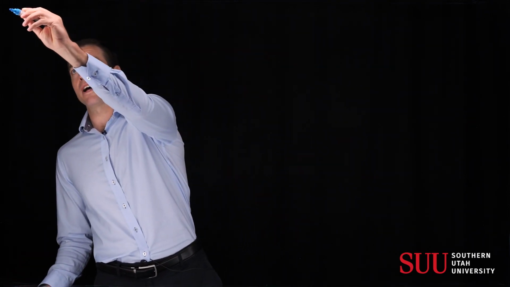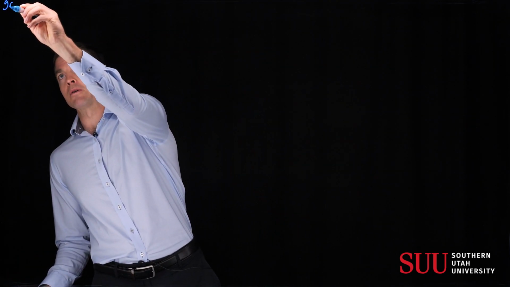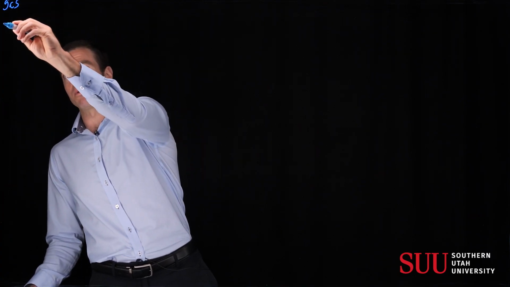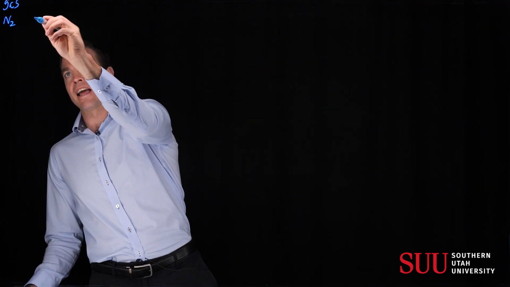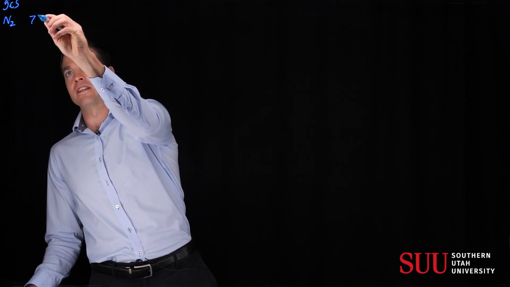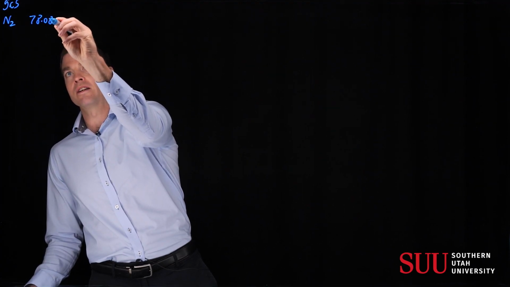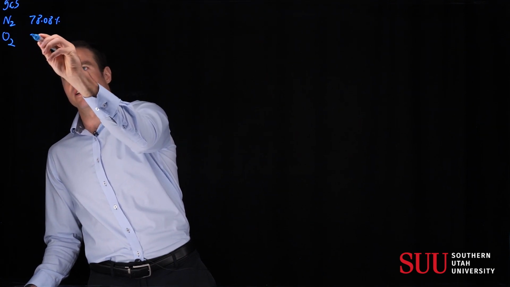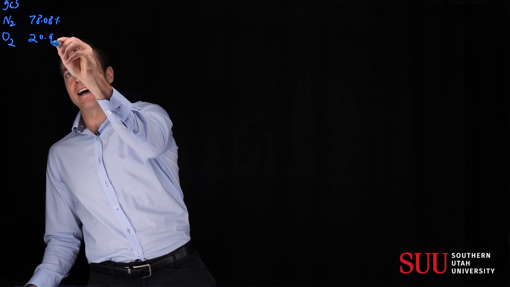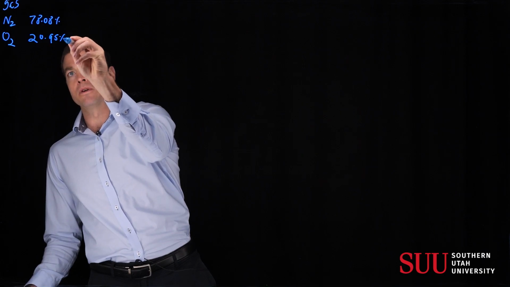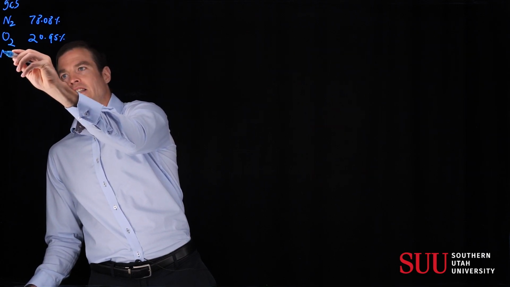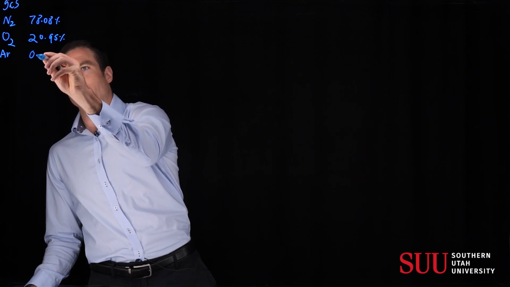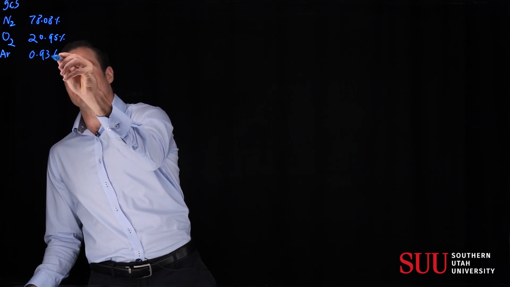So we know the atmosphere comprises different gases. For example, there's N2 gas, and this is around 78.08%. Oxygen is the one we're interested in, and this is around 20.95%. And then you actually have quite a bit of argon, and that's like 0.93%.